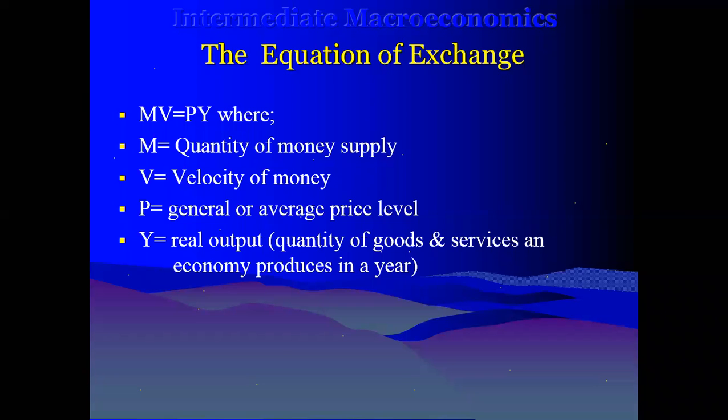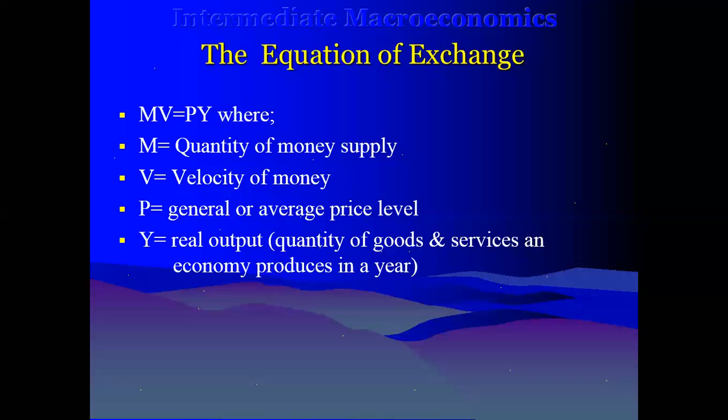We can also talk about the credit system. In a case where the economy uses more of the cash system, then the velocity of money tends to be low. So you can go to the net. At times these things you might not be asked, but knowing them expands your economic horizon. So try to be reading around those.